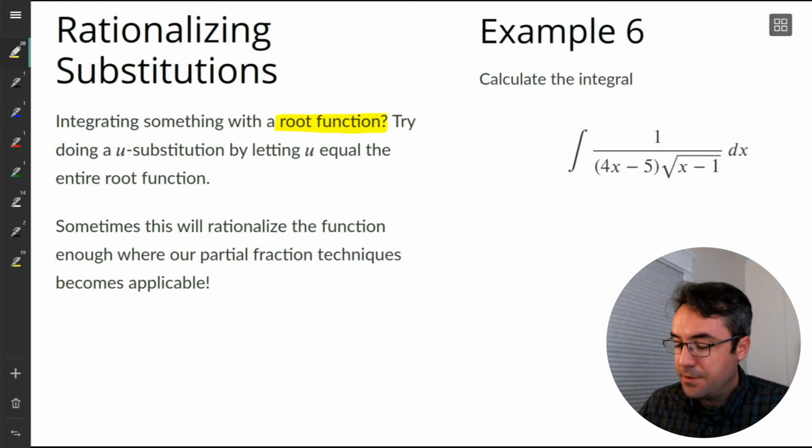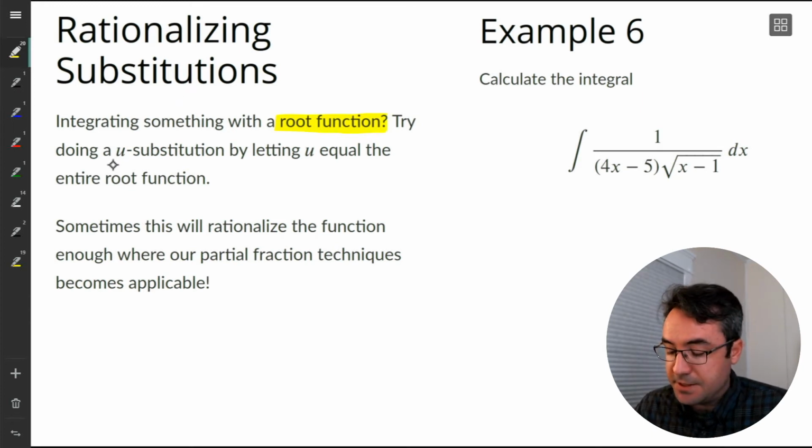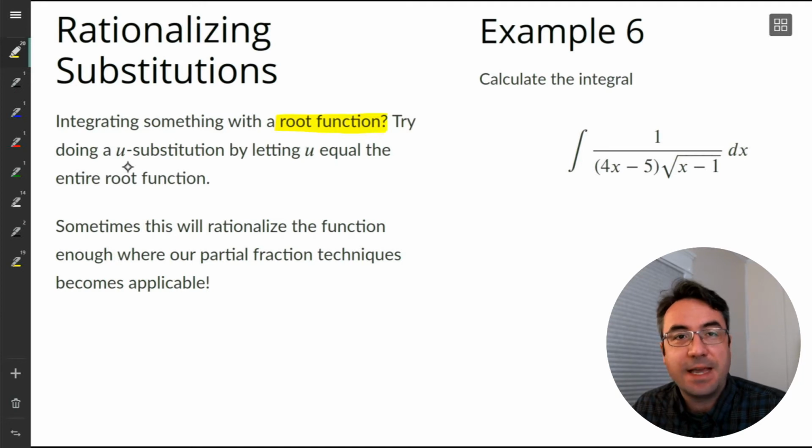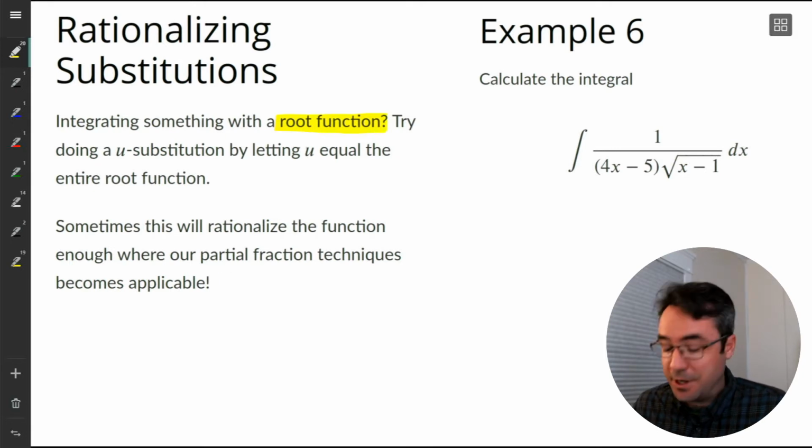We have this part of our function here that involves a root function. And so the technique of rationalizing substitutions is another u substitution, can't get away from it, and we're going to let u equal that entire root function. What we're going to see when we go through this example is this will rationalize our function so that partial fractions are going to become applicable.